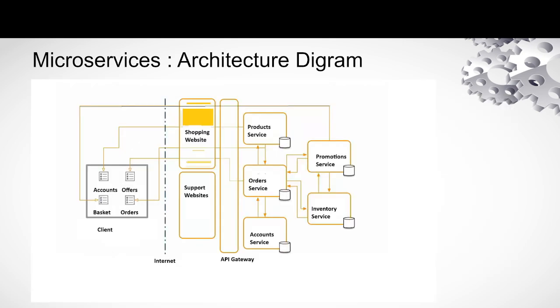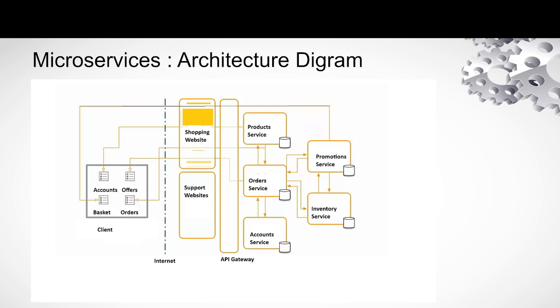Now let's have a look at a high level architecture diagram for a microservice system. This is an example of a typical e-commerce system, and you can see on the left hand side our shopping website is running in a customer browser.